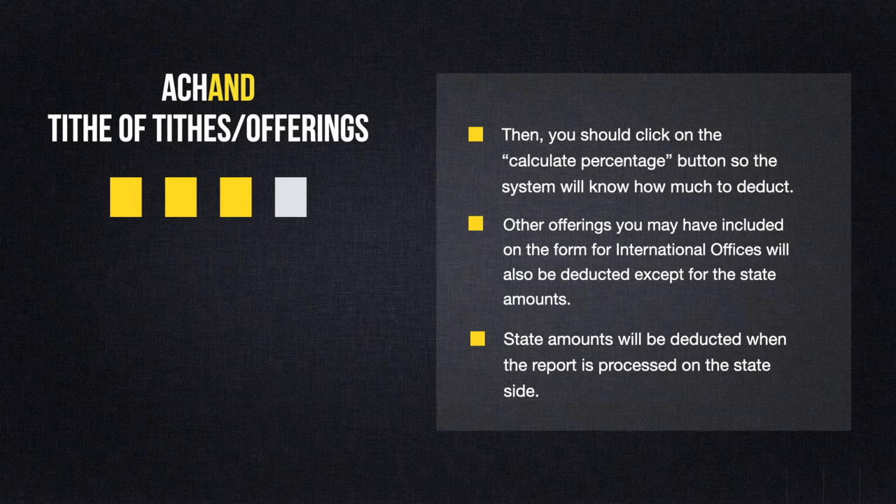You need to click on Calculate Percentage so that the system will know how much to deduct. Other offerings that you may have included on the form for international offices will also be deducted at that time. The stateside tithe of tithe and offerings will be deducted from your account when your report is processed at the state level.